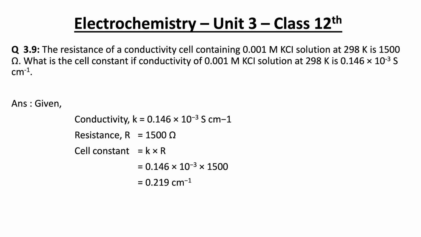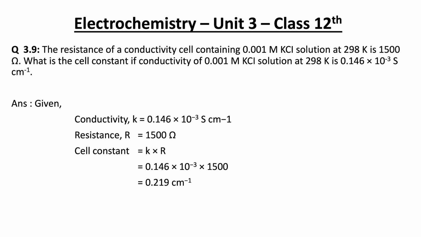Now, in question number 9, NCERT back exercise, the question is: the resistance of a conductivity cell containing 0.001 molar KCl solution at 298 Kelvin is 1500 ohm. Now we have to calculate the cell constant when the conductivity of the solution given is 0.146 into 10 to the power minus 3 Siemens per centimeter.